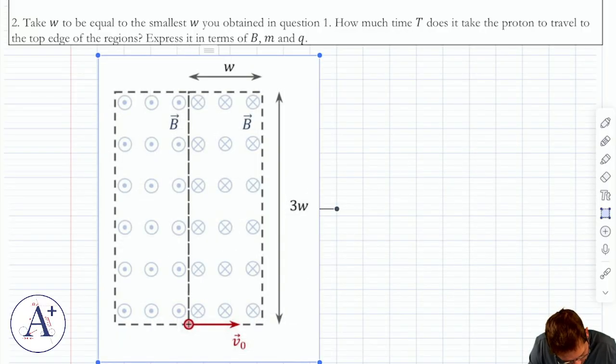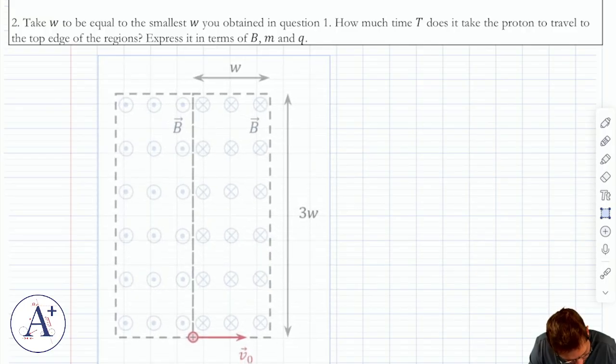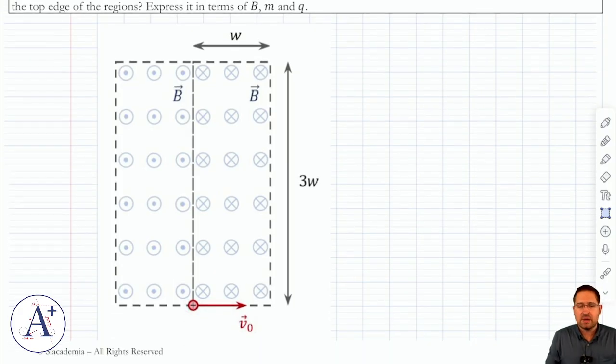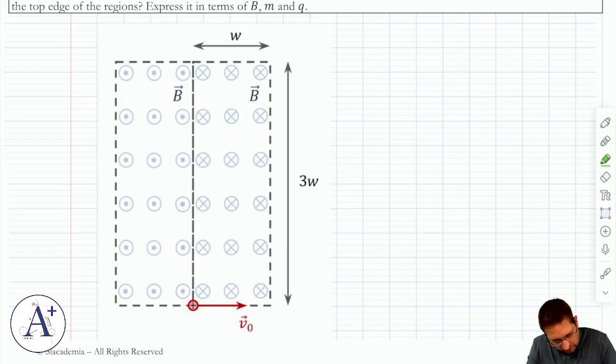Now we want to find the smallest W, the smallest width of this region on the right and on the left, so that the proton, when it's launched to the right like that, eventually reaches the top here. Let's first figure out what happens to this guy. A positive charge moves through a magnetic field, so it will experience a magnetic force. It doesn't move into or out of the page, so there is going to be a magnetic force.